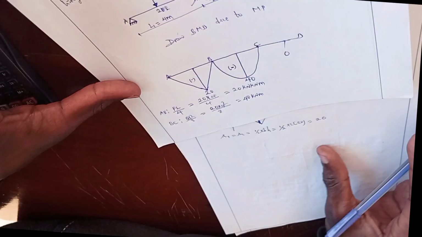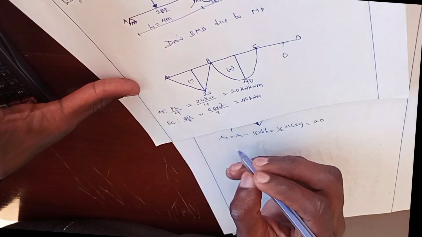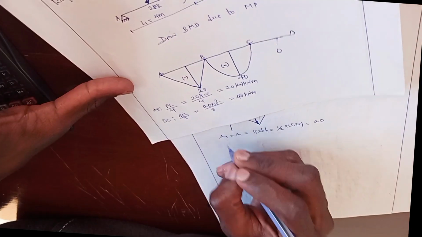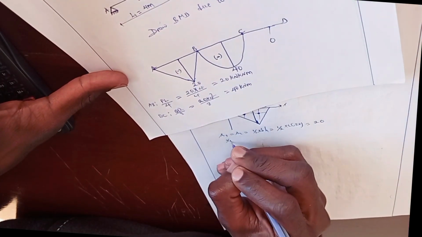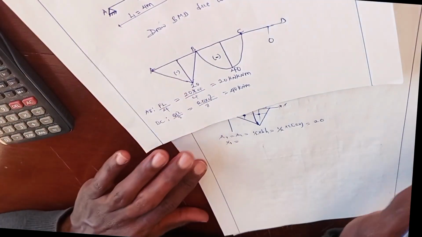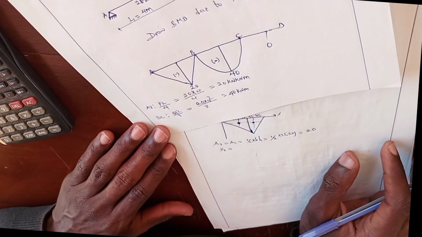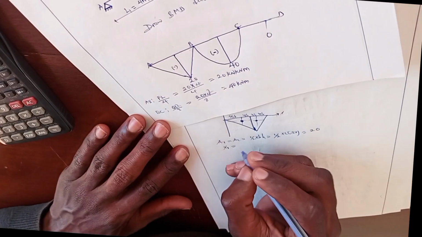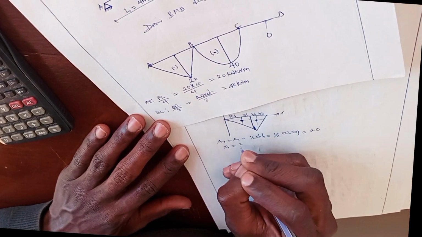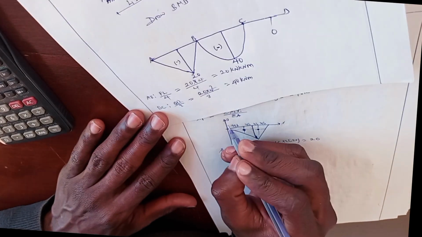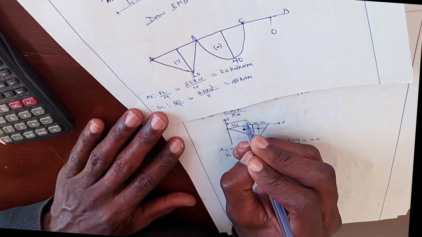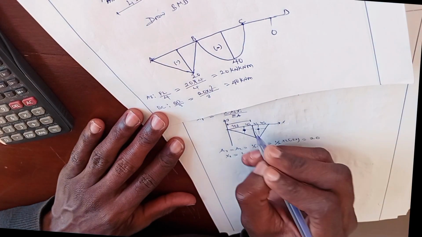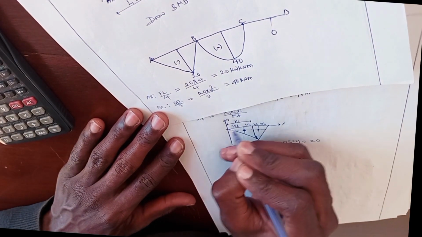Now to obtain x1: x1 is the distance from the origin to the centroid of the first triangle. This is x1.